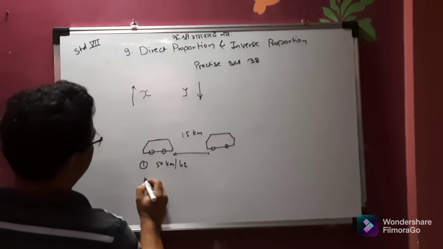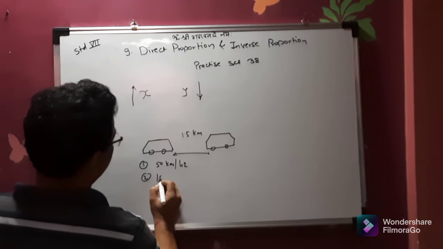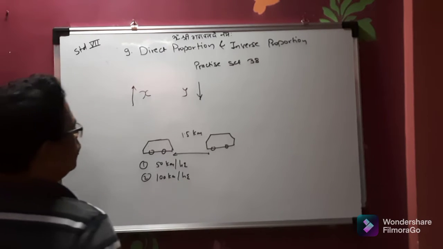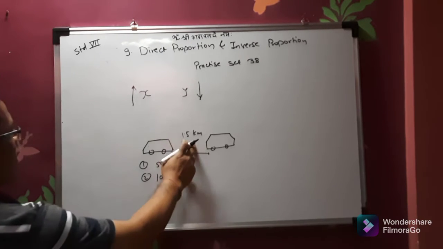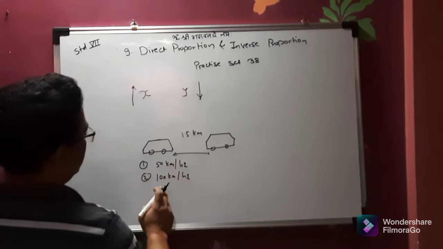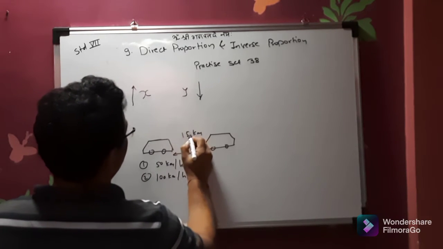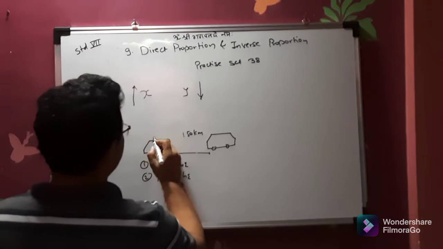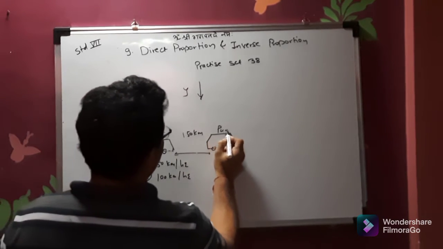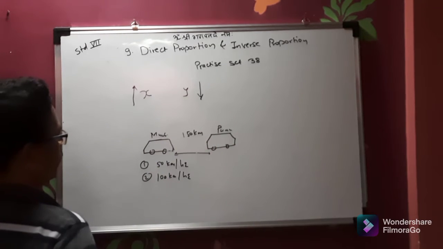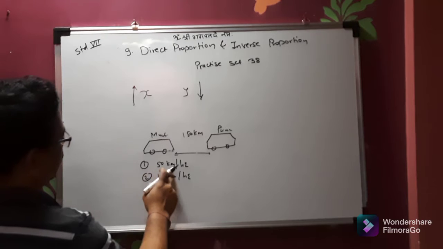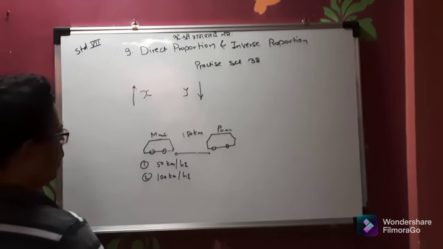This is one vehicle, and the second vehicle is moving at 100 kilometer per hour. So the distance is fixed, 150 kilometer, between Mumbai and Pune, and one vehicle is moving at the rate of 50 kilometer per hour and another at 100 kilometer per hour.